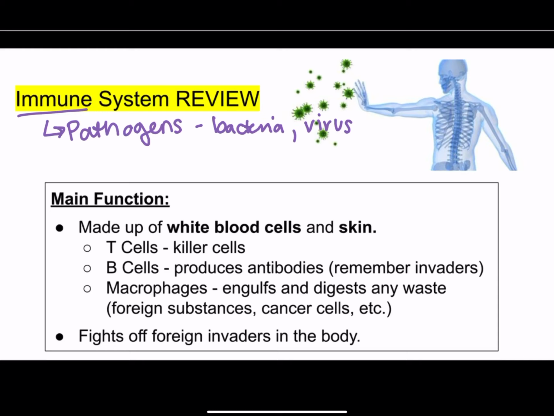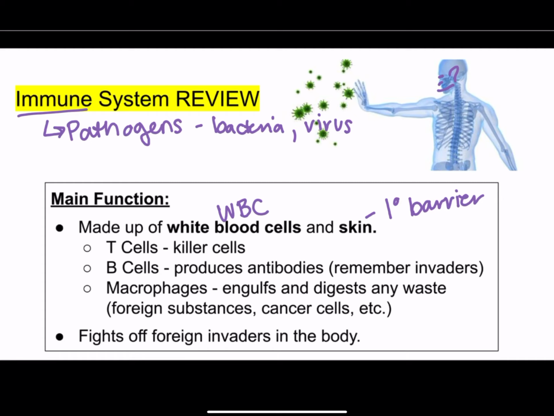So it's made up of these white blood cells, we call them WBCs a lot, and skin. Your skin is your primary barrier to getting any of these types of pathogens inside your body. So usually pathogens have to enter through an opening, such as your eyes, your nose, your mouth, or your ears even. So it has to enter through an opening in your body.